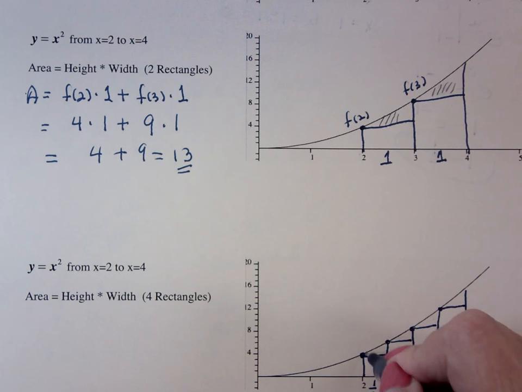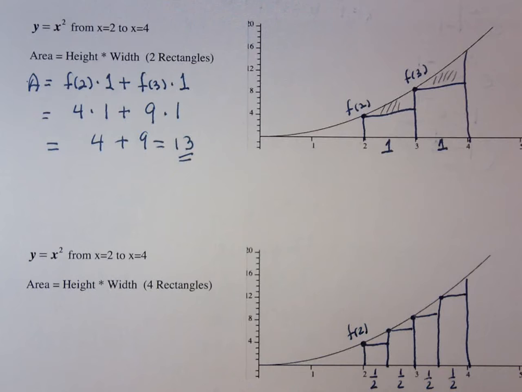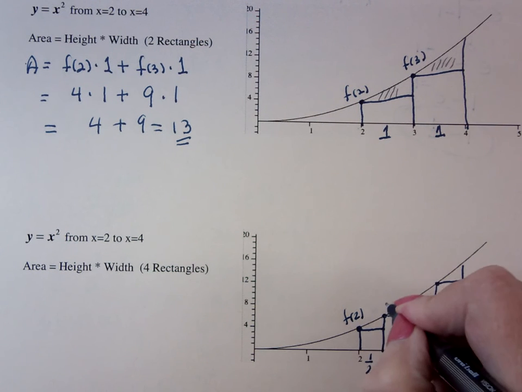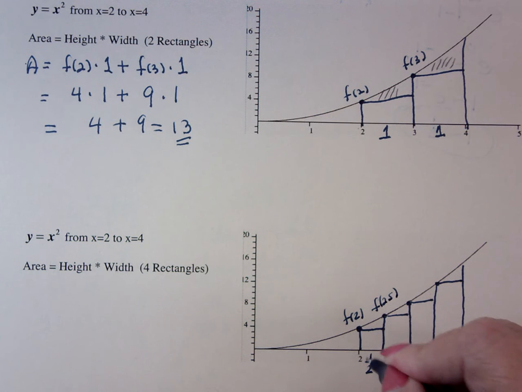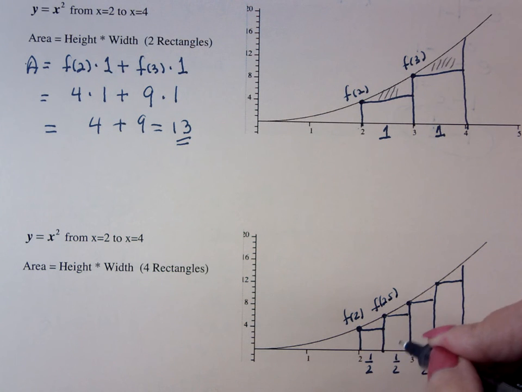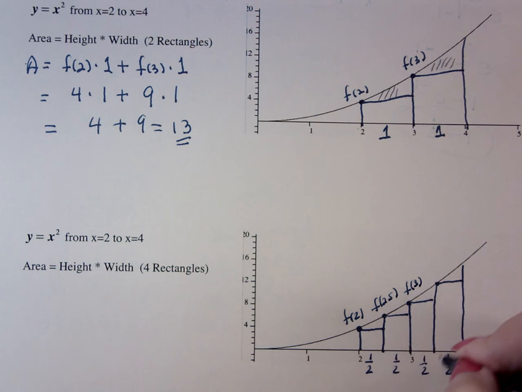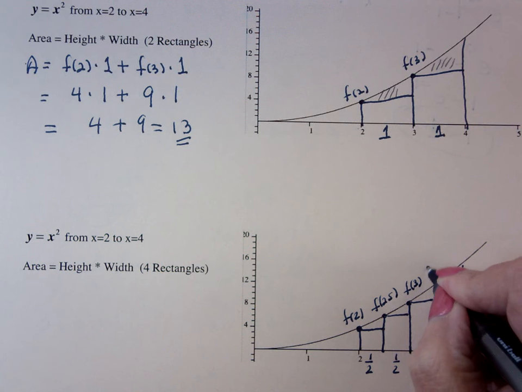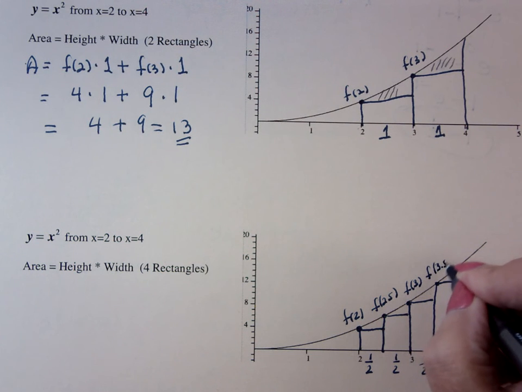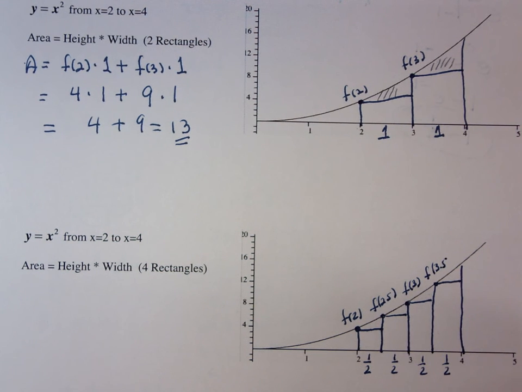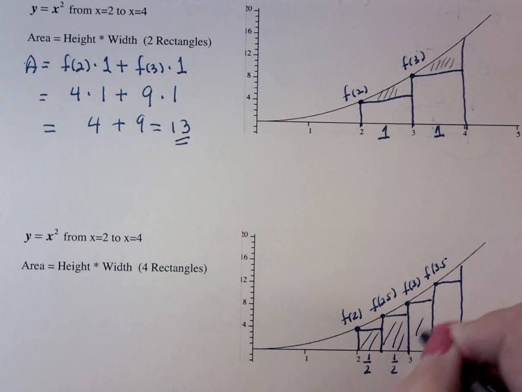So what's the height of the first rectangle? F of 2. The height of the second rectangle is F of 2.5, because 2 plus a half is 2.5. This is F of 3. And 3 plus a half is F of 3.5. This would be my area that I'm going to calculate out.